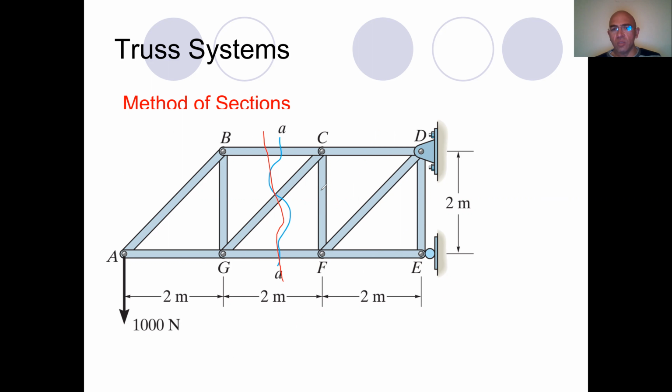And if you find these, certainly you can write the static equilibrium for joint C, and you can find the forces in these 2 members as a next step. So it will be much more clear, I guess, when we begin to solve some examples.